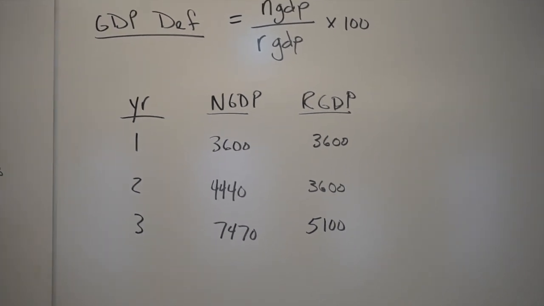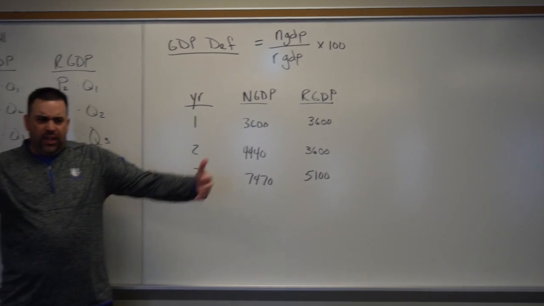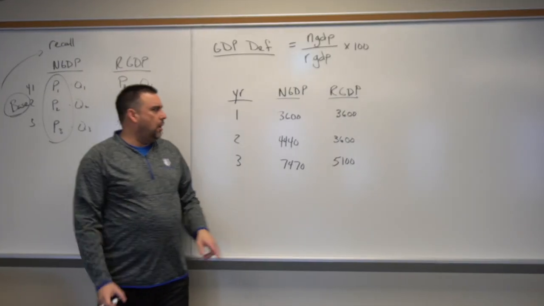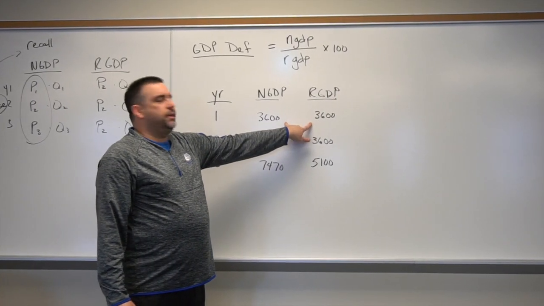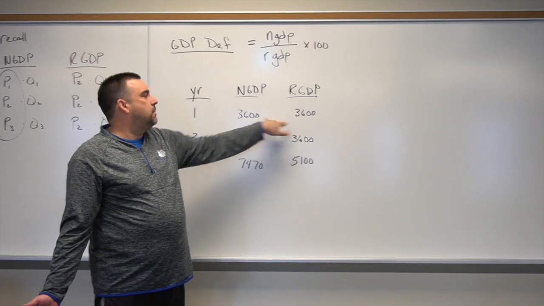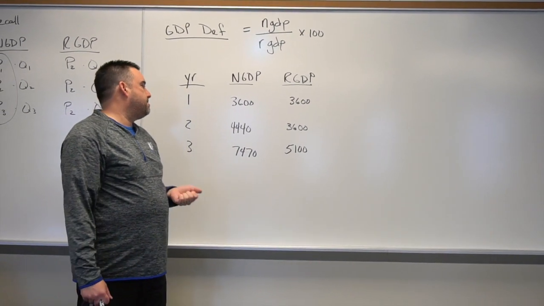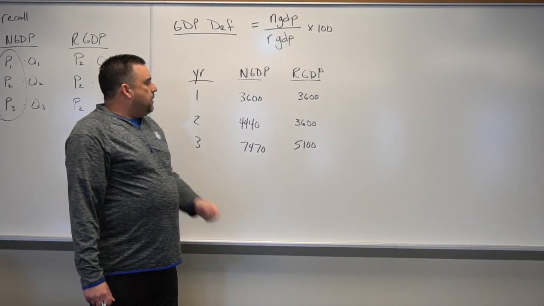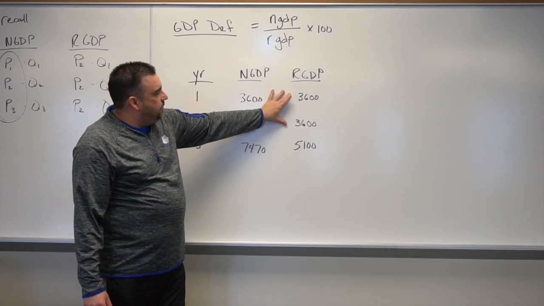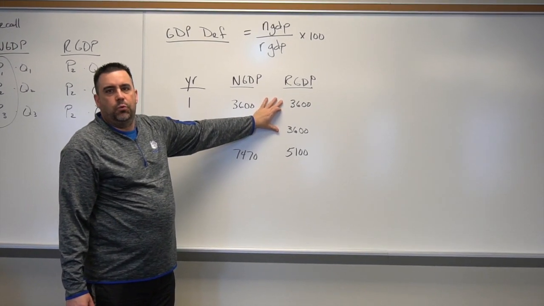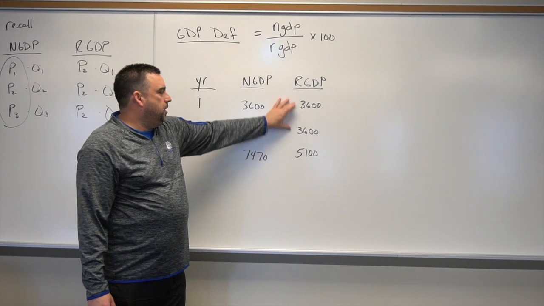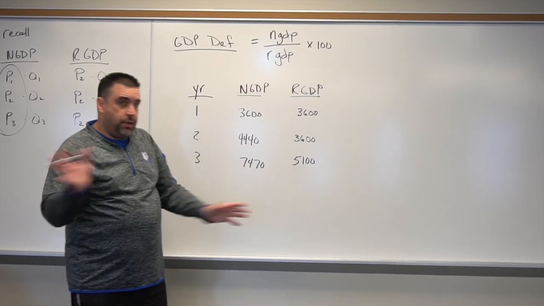A couple of things to think about, just to refresh your memory. Right away, we know that year 1 in this example is the base year because nominal and real are the same. We also know that production is identical in years 1 and 2, because real GDP is the same. Those are things we already learned.